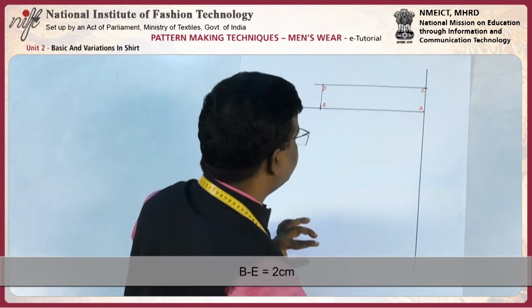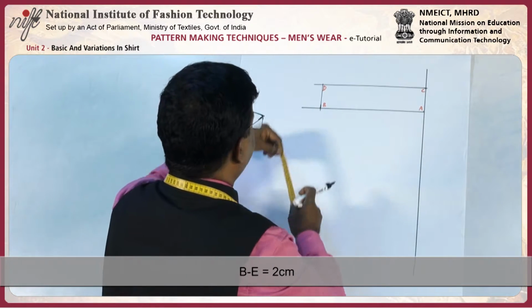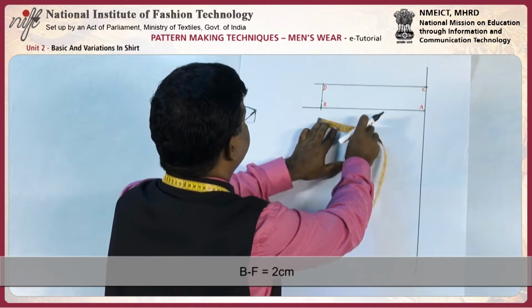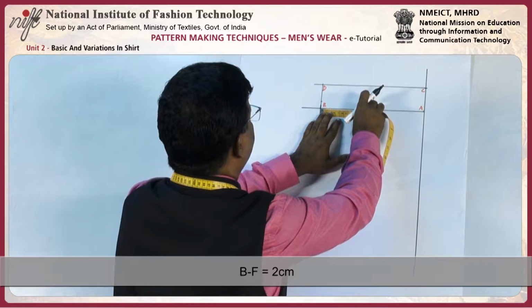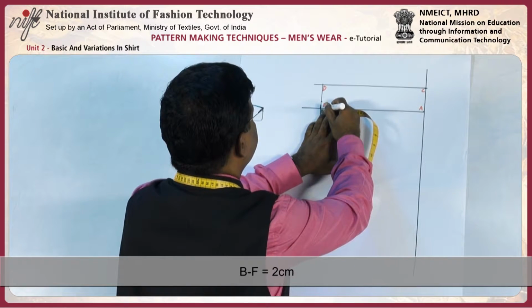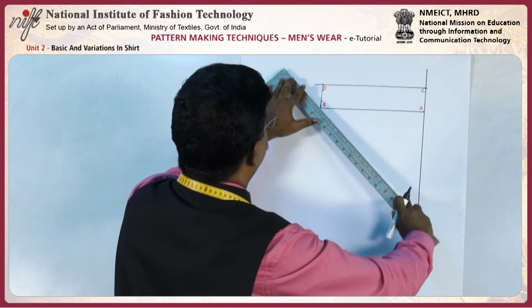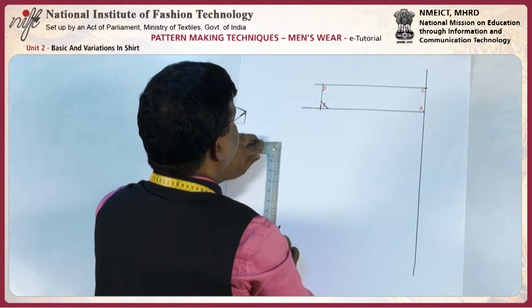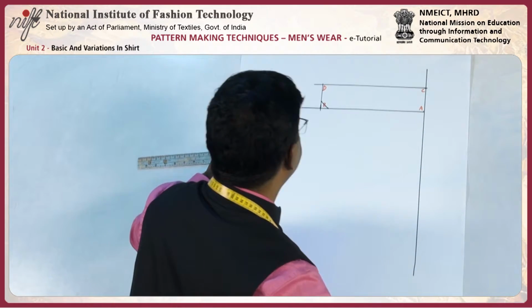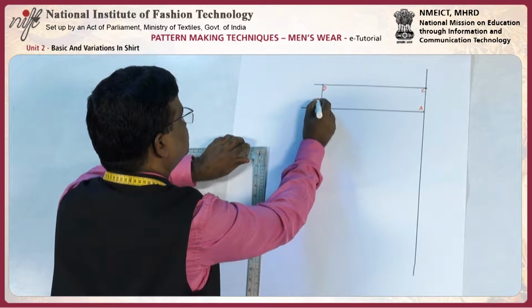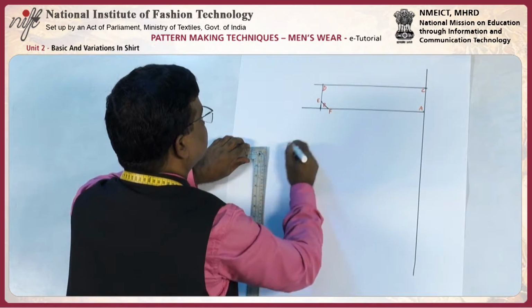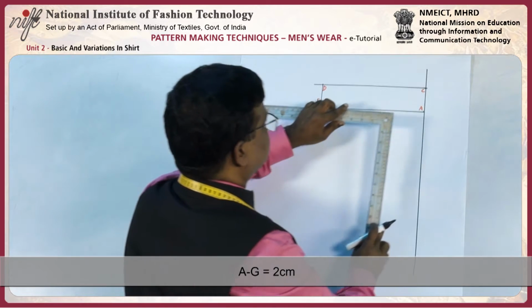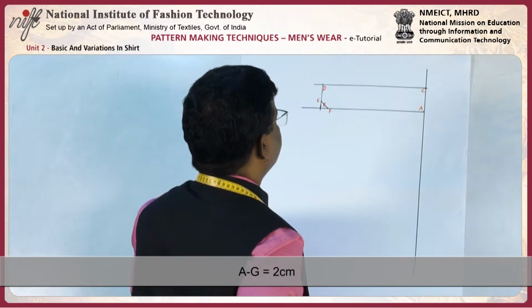B to E 2 centimeter. B to F is also 2 centimeter. Connect E and F. A to G 2 centimeter.